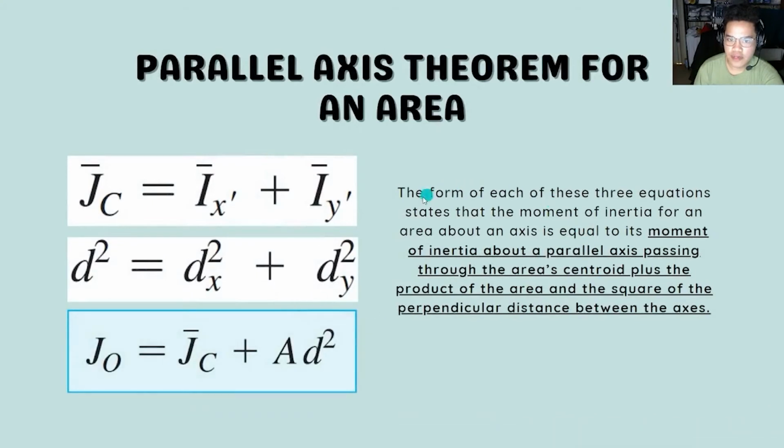Take note of the form of each. These three equations state that the moment of inertia for an area about an axis is equal to its moment of inertia about a parallel axis passing through the area's centroid, plus the product of the area and the square of the perpendicular distance between the axes.